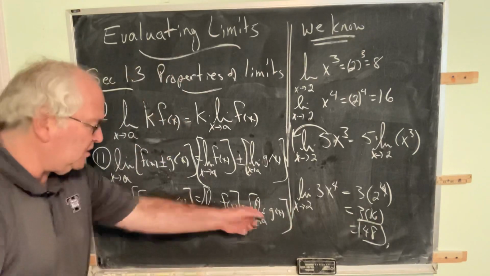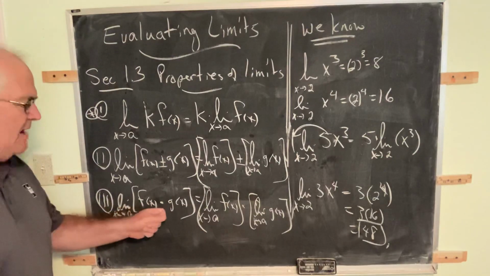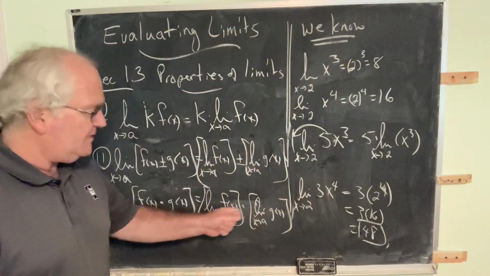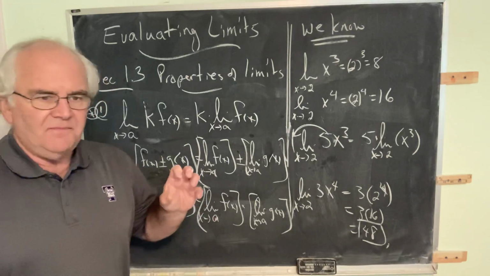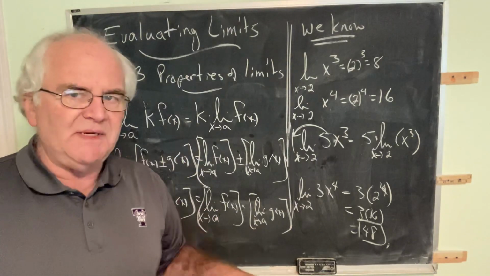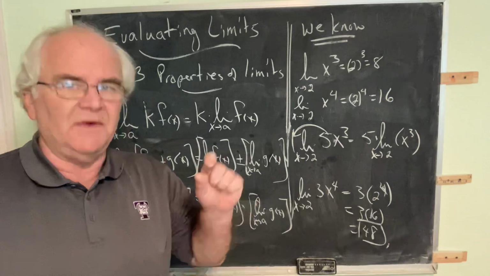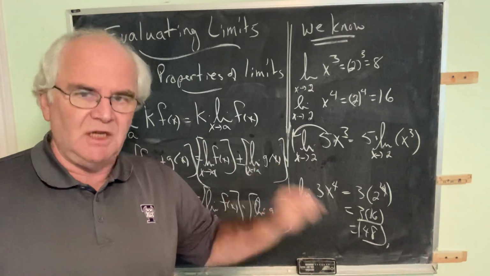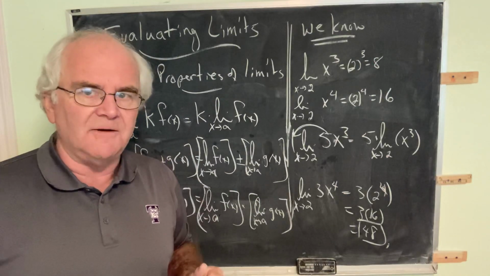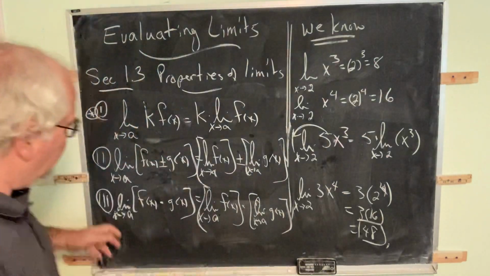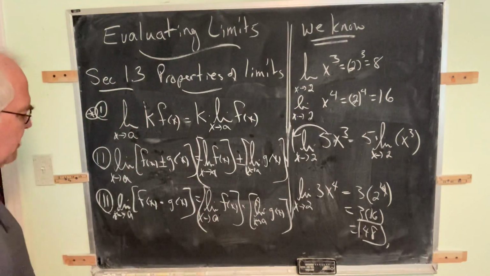The official way to write it: the limit of f times g is the limit of f times the limit of g. That's not the important piece. The important piece is that you know that the limit of the product is the product of the limits, and that you know how to use it in practice. So the limit of two things multiplied is you multiply the limits.